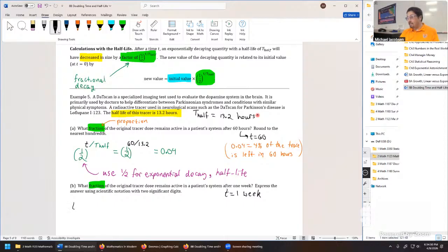So let's start by saying if T is 1 week, then we know that there's, well, 7 days per the 1 week. We have to get this all the way down to hours. So we also know that there's 24 hours per the 1 day.